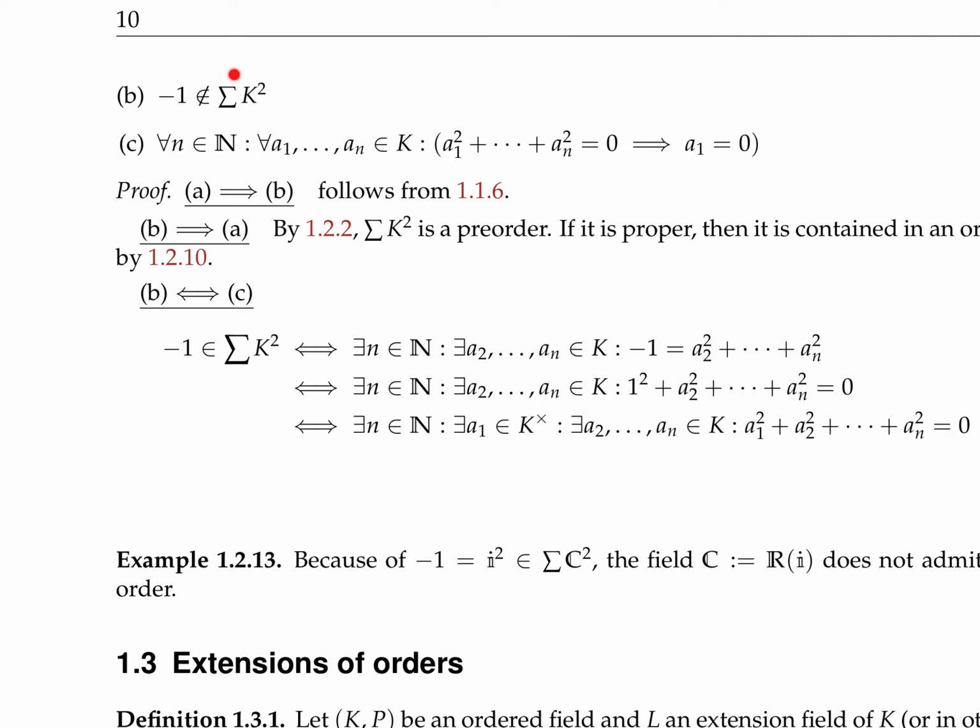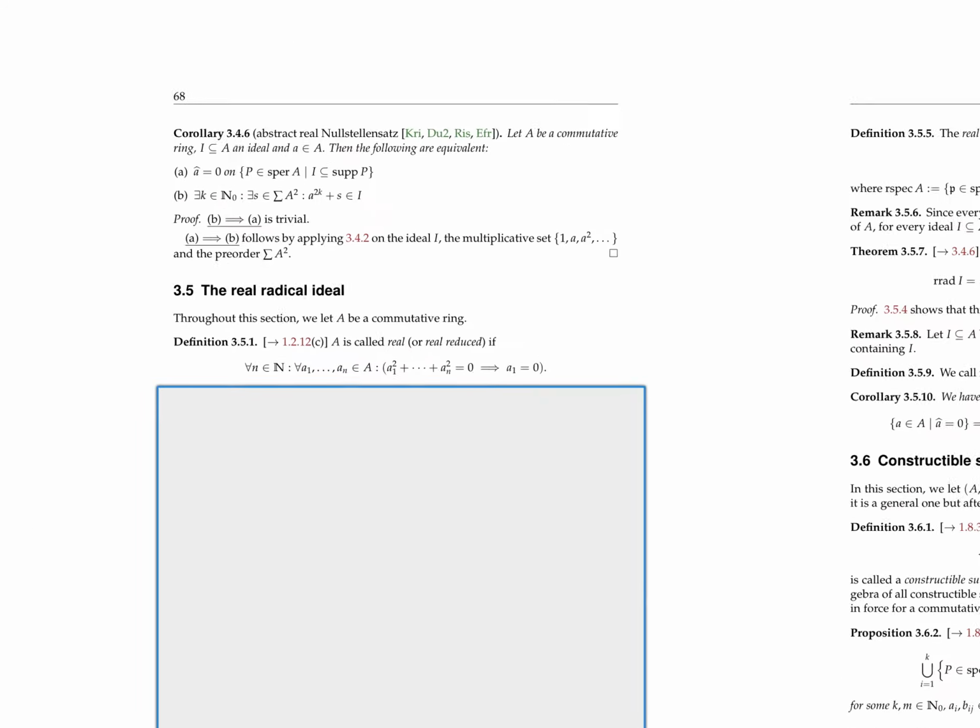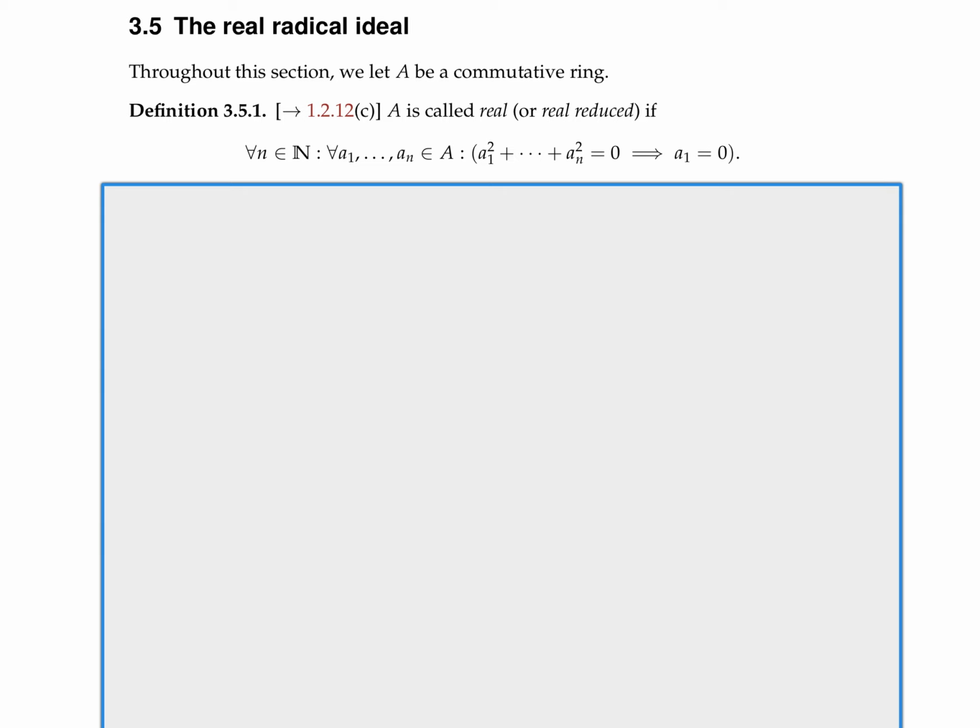Now you might wonder if you could not alternatively take this definition that -1 is not the sum of squares. We will come back to this later. So in the ring case, that is not equivalent actually. Why do sometimes people call this real reduced instead of real? Well, that's because you might know one notion of a reduced ring.